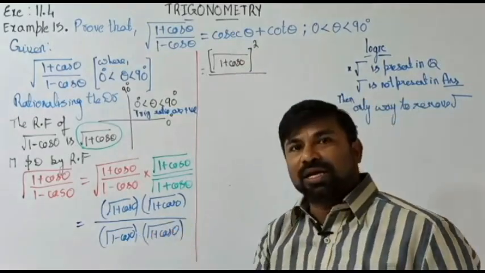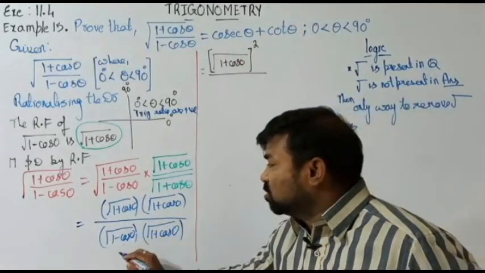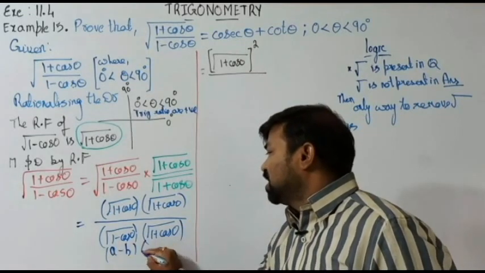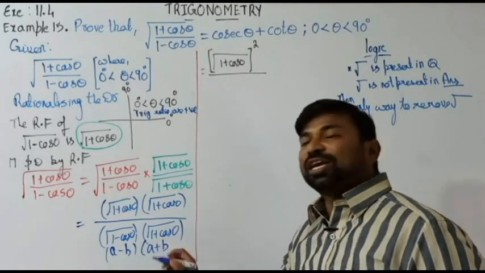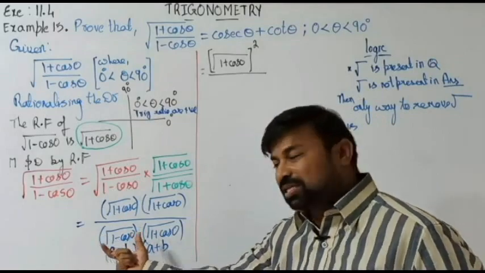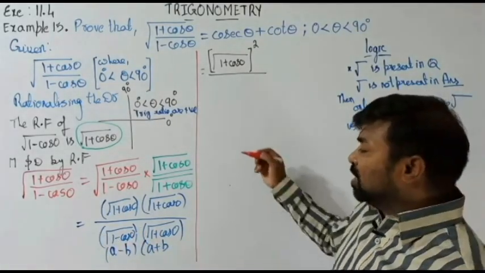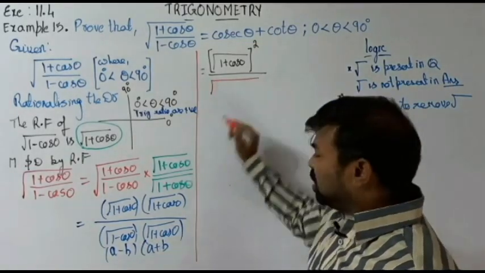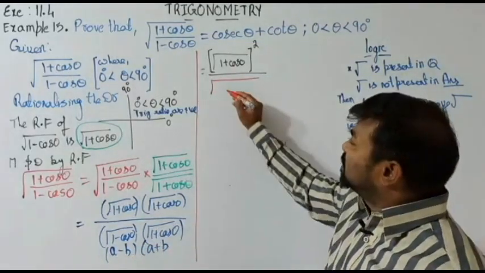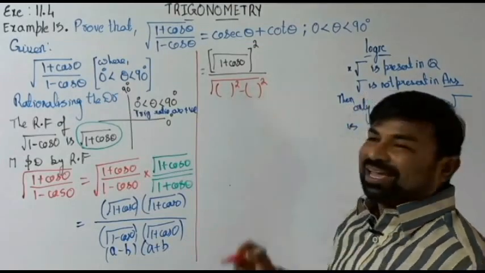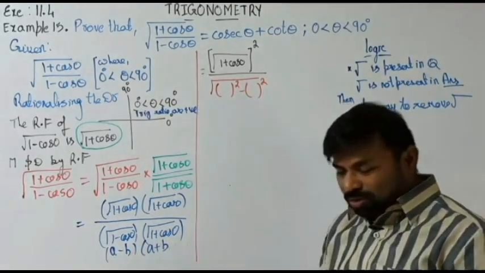And in the denominator, it looks like a minus b into a plus b. Can I write it as a square minus b square? You got it? A minus b into a plus b.